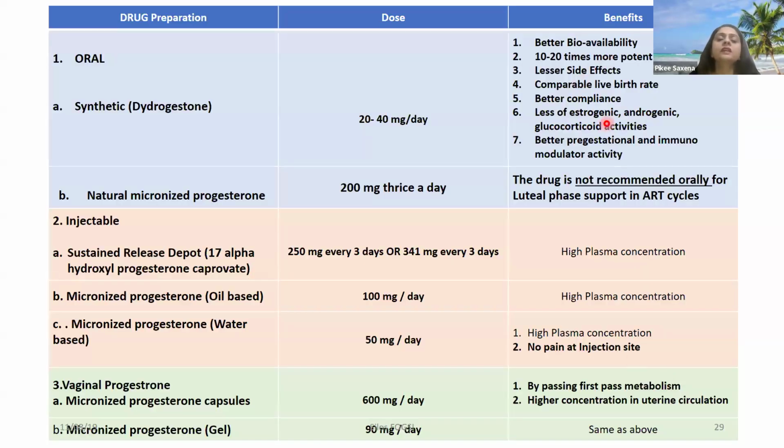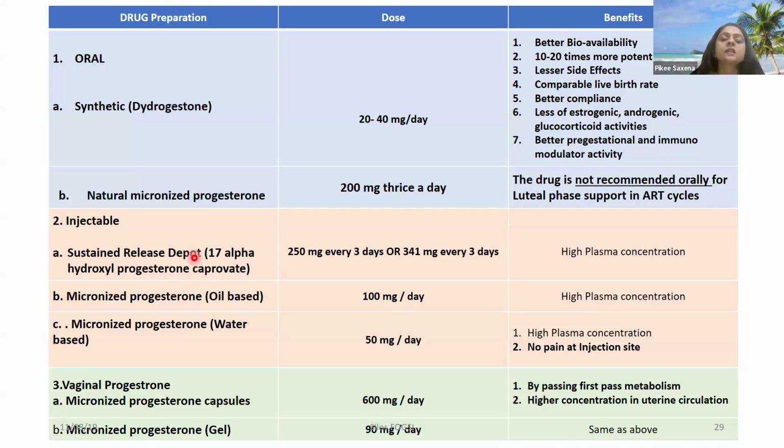So these are the various preparations which are available in the market. Oral synthetic progestogens: dydrogesterone is there, 20 to 40 milligram. Natural micronized progestogen, we all know there are so many, 200 milligram BD or TDS can be given. In injectables, we have the choice in government hospital, my hospital.